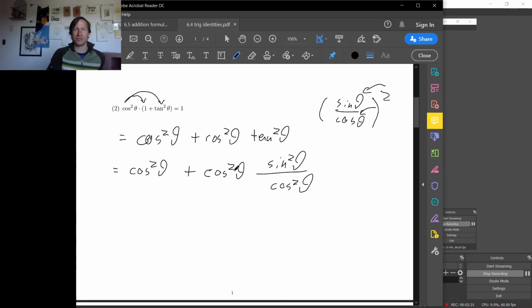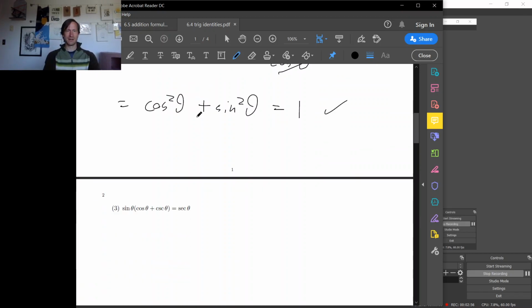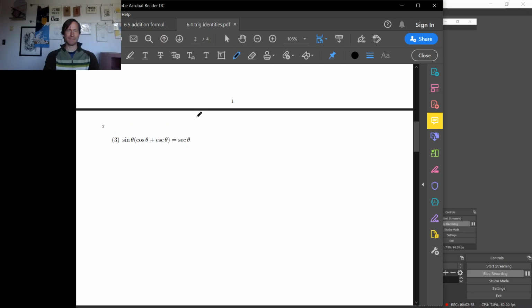Okay, but look, now these cosine squareds simplify away, and we're left with cosine squared theta plus sine squared theta. And that's 1 because of the Pythagorean identity. So this genuinely is an identity, right? That's what we were supposed to get. So this supposed identity is true. Okay, let's move right along.